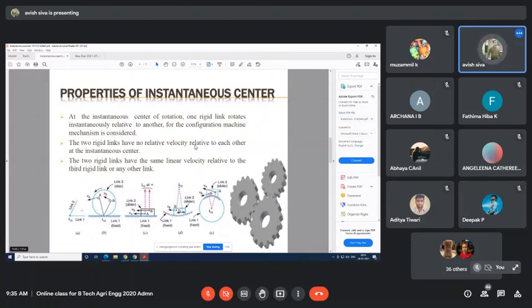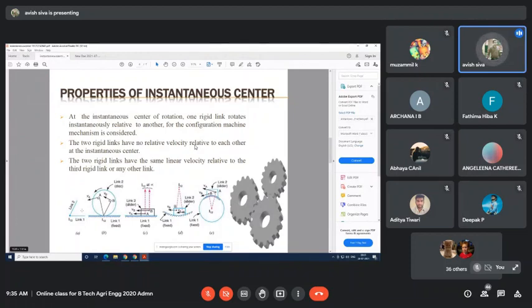So here the situation is that link 2, which is a disk, rolls without slipping on the fixed link 1, which is straight. Link 2, the roller or disk, rolls without slipping upon the fixed link 1, which is straight here.